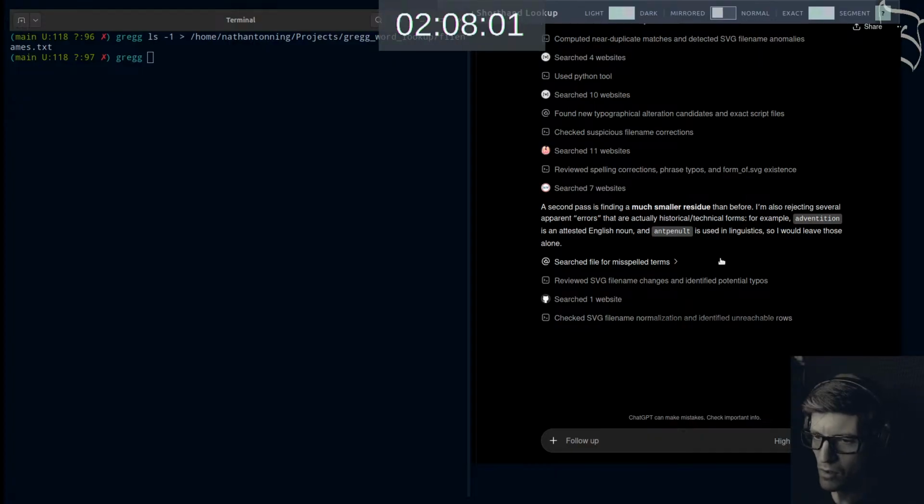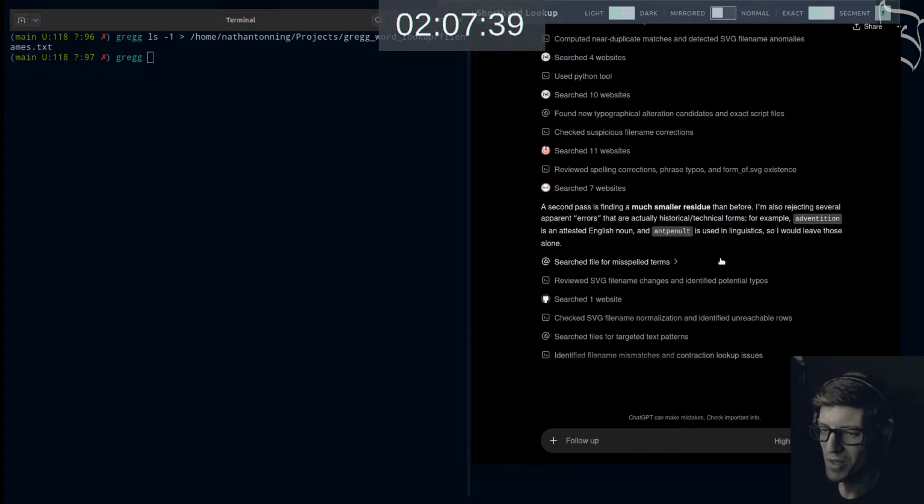All right, so it checked the SVG file normalization, searched files for targeted text patterns, and we're getting close to the ending here. So like I said, I was only going to spend about 45 minutes to an hour on this particular part of the project. You don't want to spend too much time on pruning. You want to actually do the work.